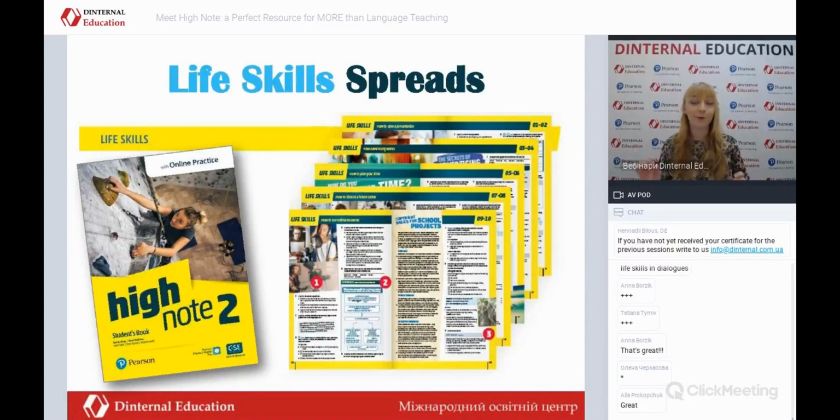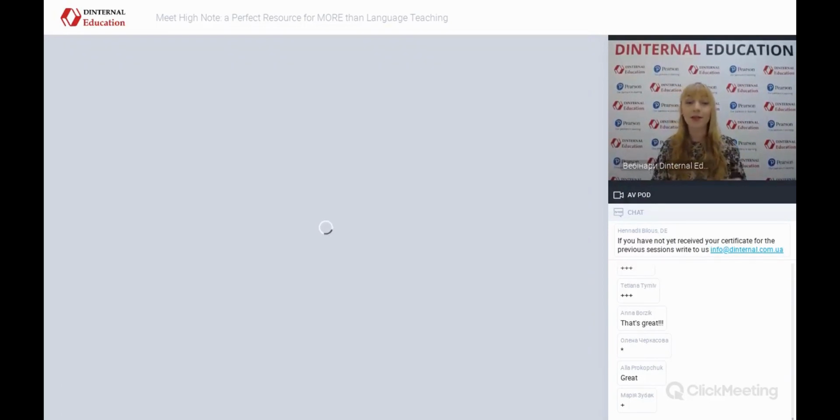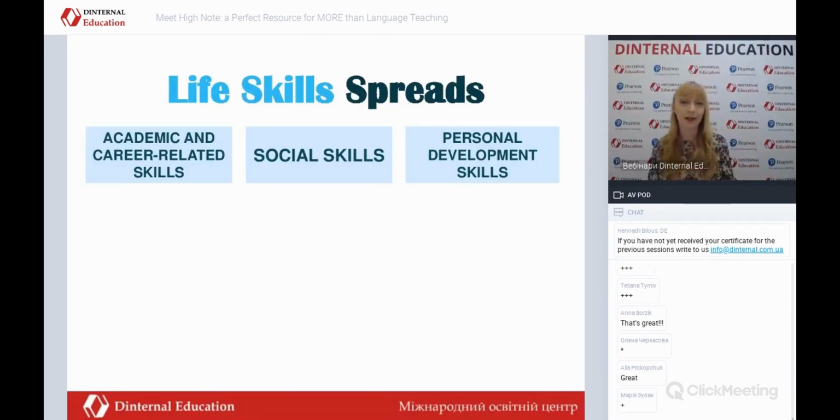And in general, if we think about this life skills development program, all the skills in all 5 levels are divided into 3 categories. It doesn't say anywhere in the student's book, it's in the teacher's book, it's in the mind of the authors when they were creating it.